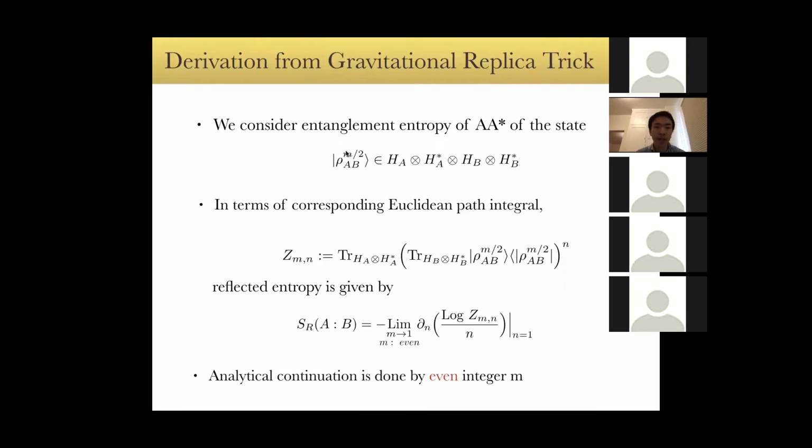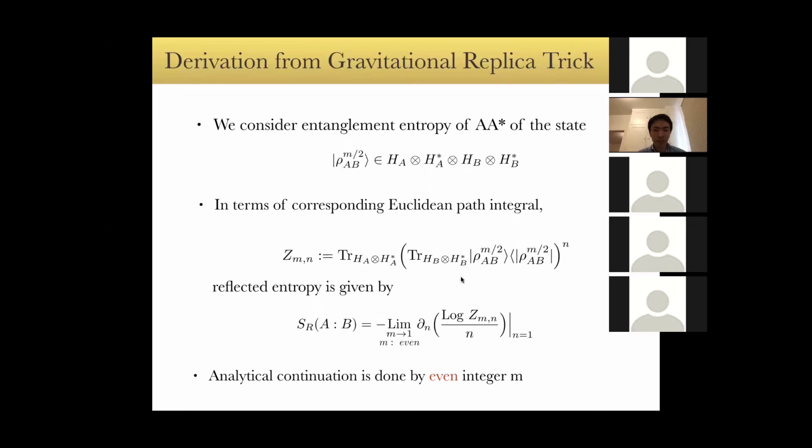So I introduced a new parameter m and consider the Renyi entropy of subregion AA star of this new state.